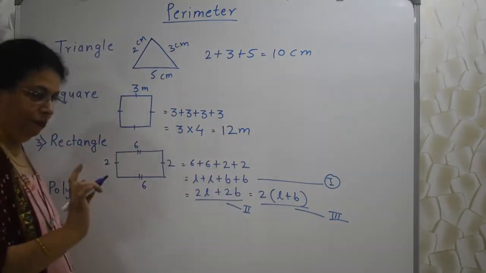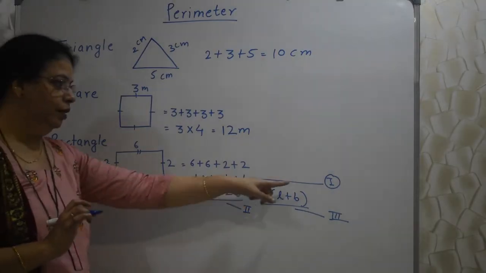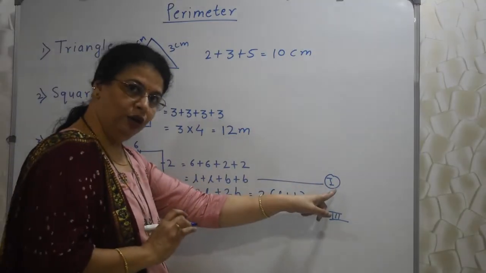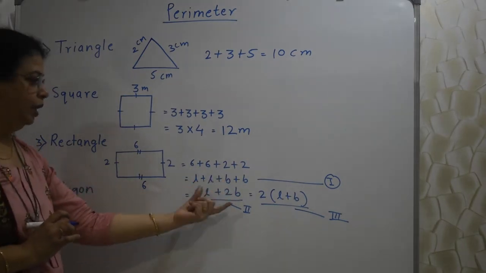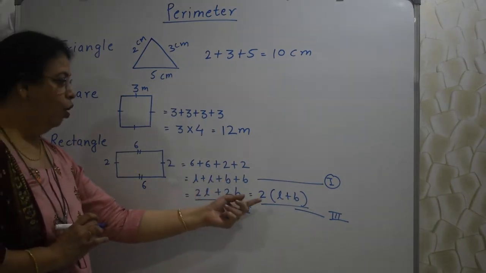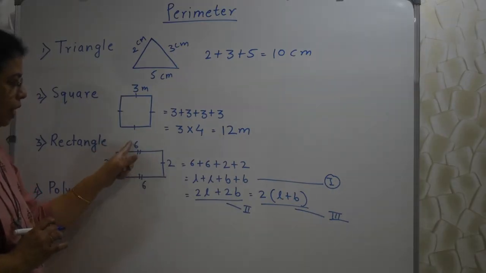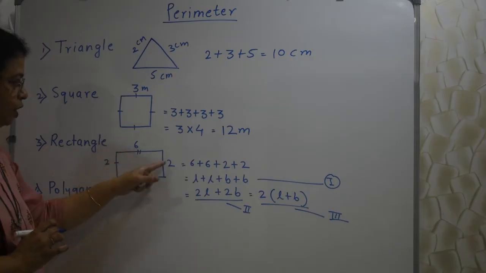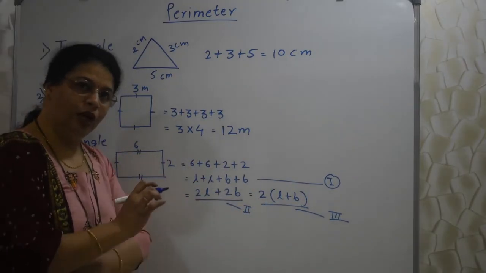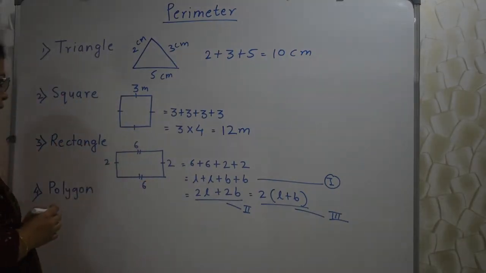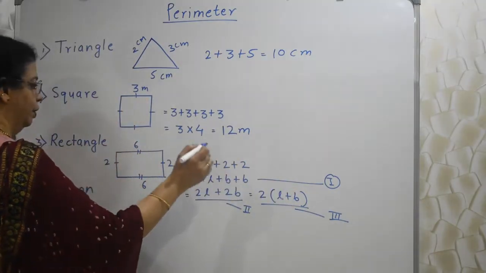They are the same. Don't worry. If you just add the 4 things together one by one, then also your answer will be correct. 2 times L, 2 times B and then you add, then also correct. Or you can do 6 plus 2, 1 time L, 1 time B, that is 8, then double it by multiplying by 2. Then also your answer will be correct. So, this is the formula for the perimeter of a rectangle.